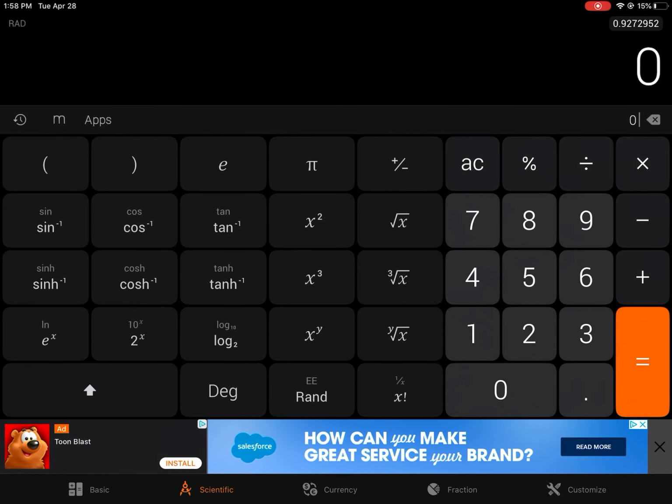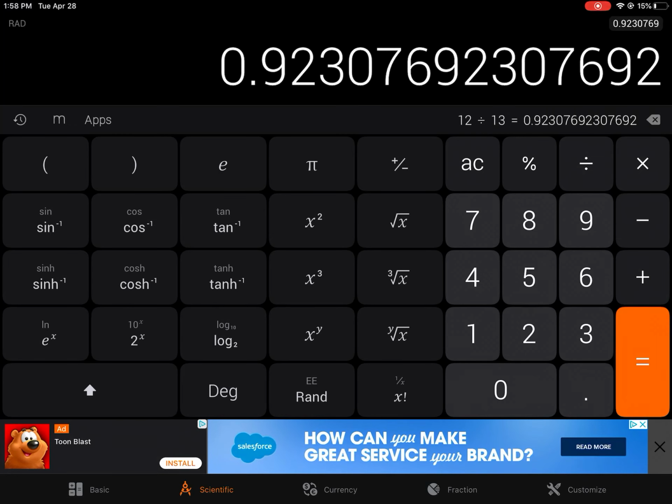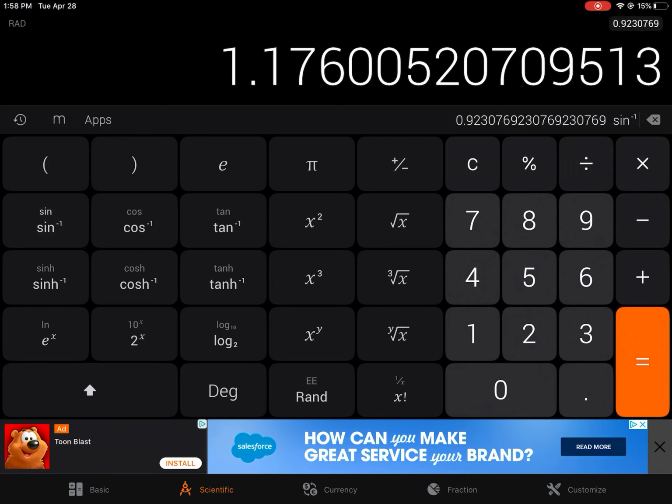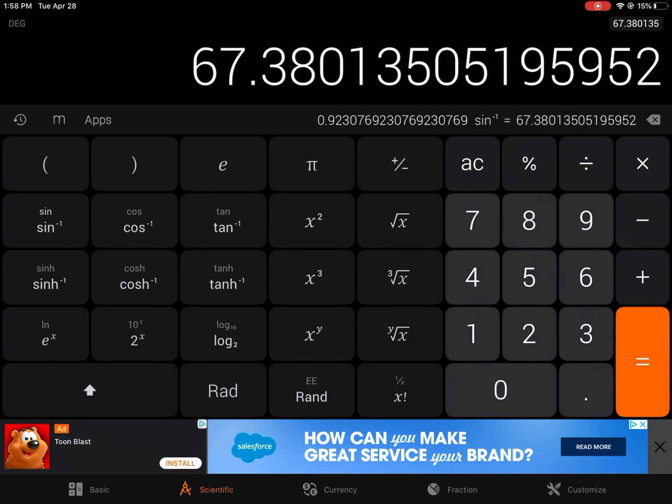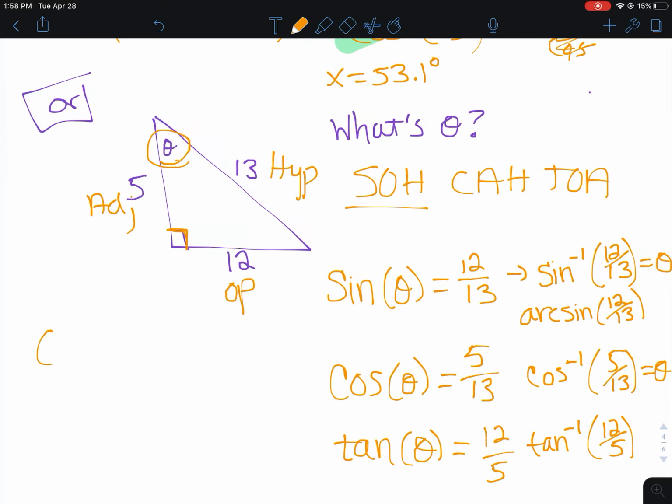Sine inverse of 12/13 gives me 0.9, and then I've already hit the shift button here, so I want sine inverse. So 1.2, and this is in radians, or if we wanted degrees, 67.4 degrees, okay? So theta is equal to 67.4 degrees, or 1.17 radians.